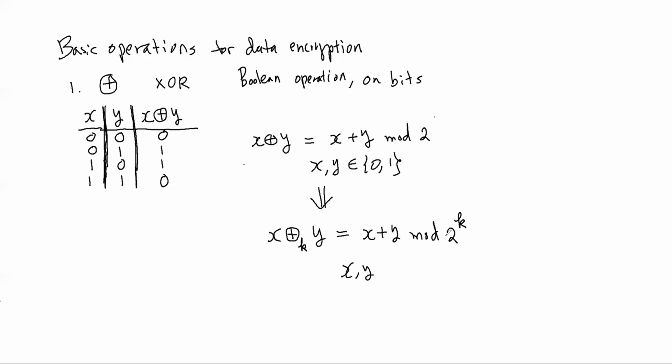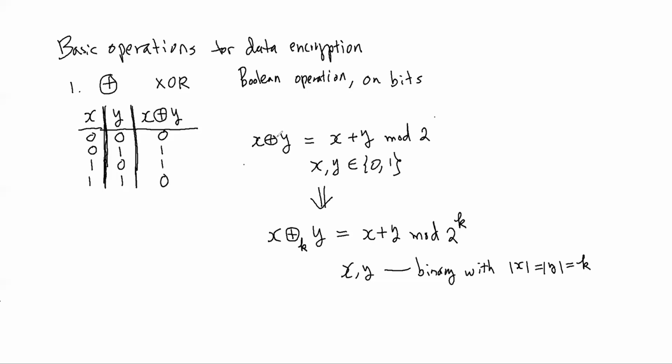This means we can think of these numbers as converted into binary format with the length equal to K. Later on we may need to use this generalized exclusive OR.